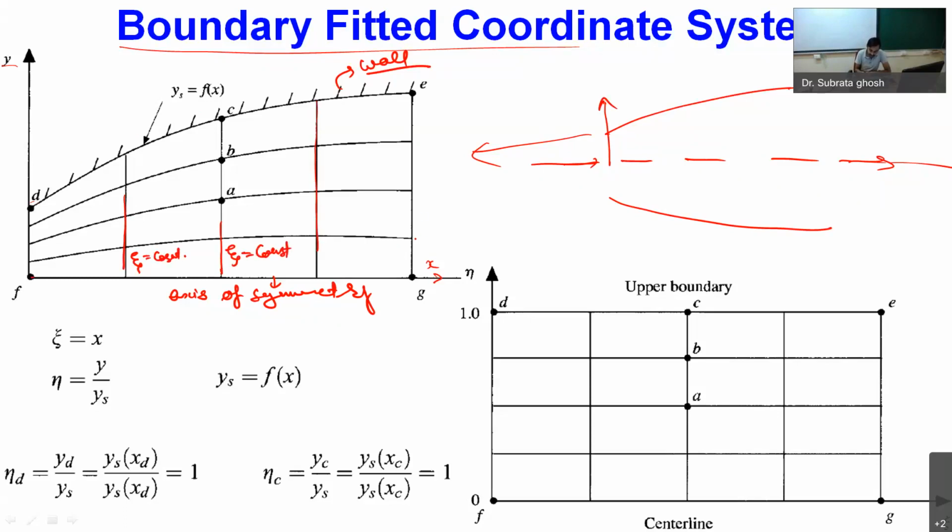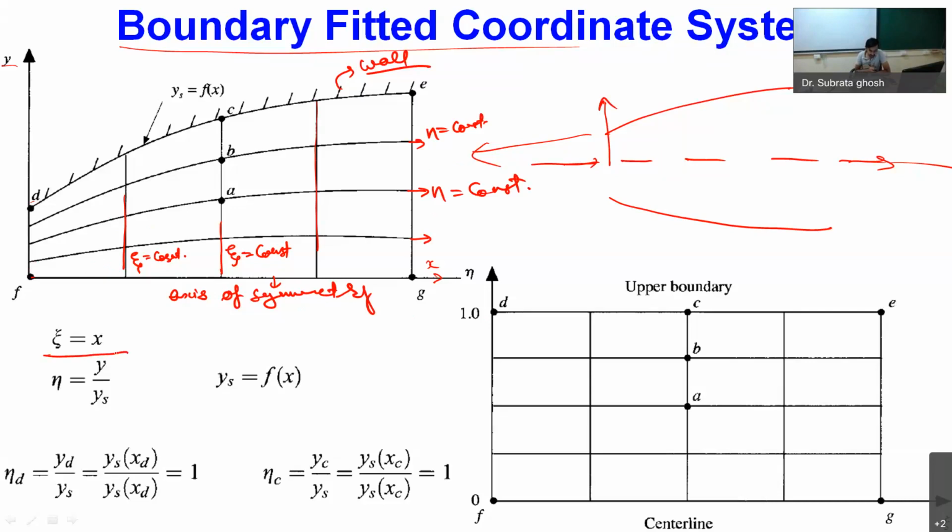Similarly, we will consider these boundary fitted lines as constant eta lines. Say this is one eta, this is another eta, and so on. Now in the x direction, once again, we have uniform spacing, so we need not use any further transformation. So I will simply write zeta equal to x.